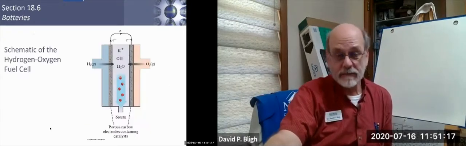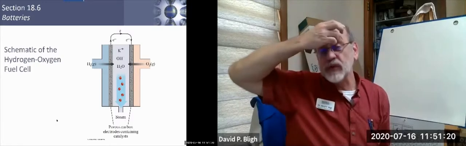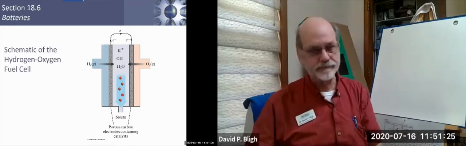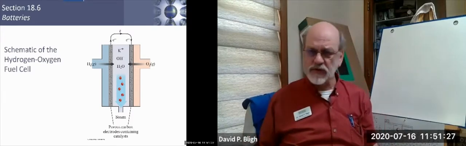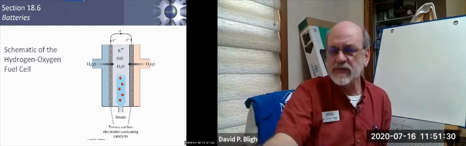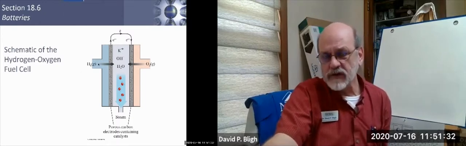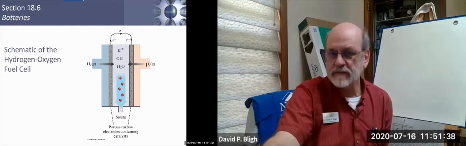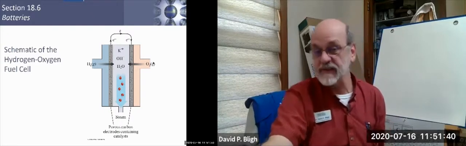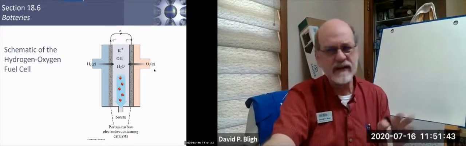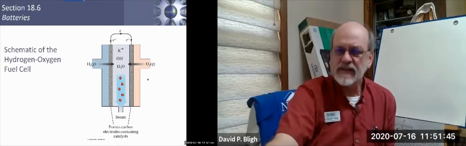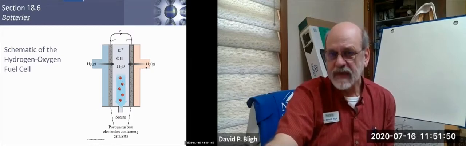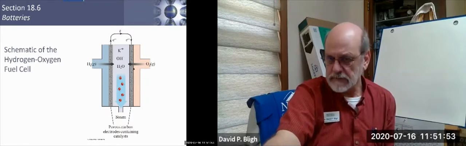All right, so it's another type of battery. This is a fuel cell, which is another type of galvanic cell. It's a battery. The advantage to the fuel cell is, as long as you keep supplying hydrogen on the anode side and some form of oxygen on the cathode side. Well, this is a hydrogen oxygen fuel cell. There are many types of fuel cells. But in this case, the hydrogen is on the anode side, oxygen's on the cathode side, and they are combined at high temperature.